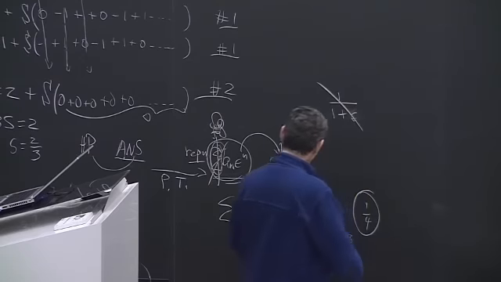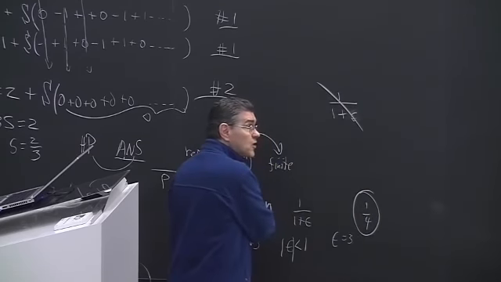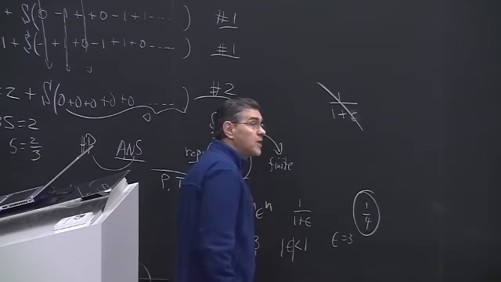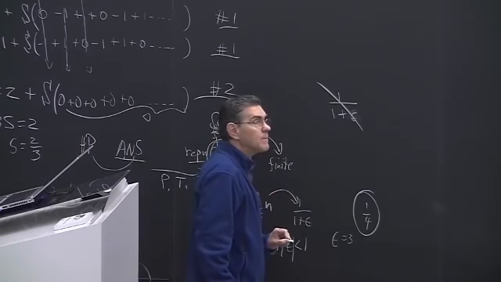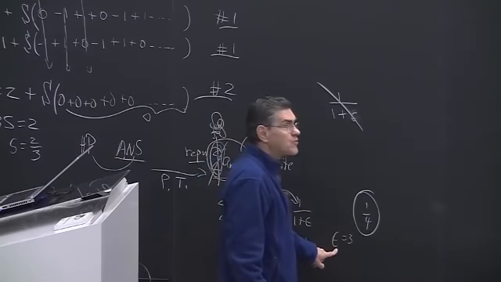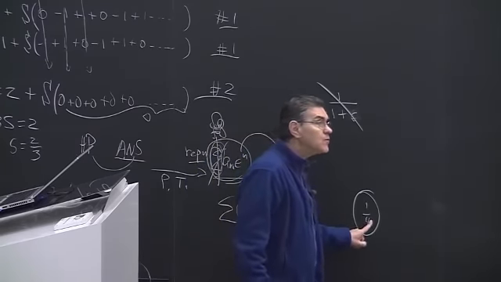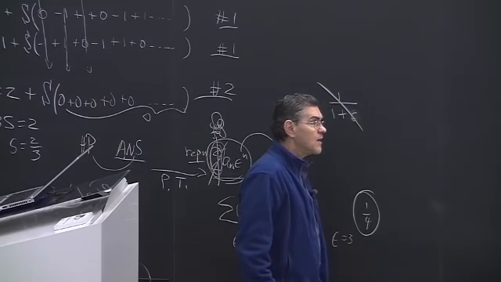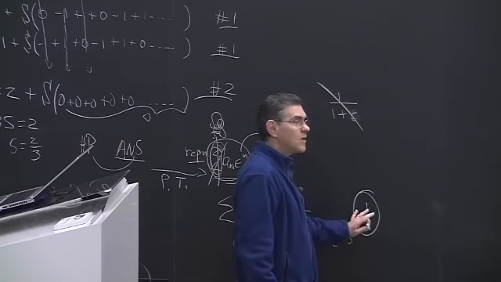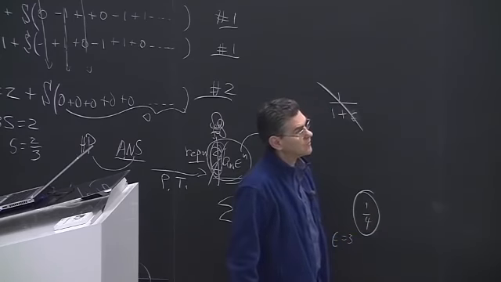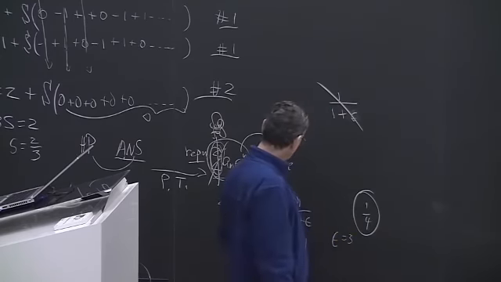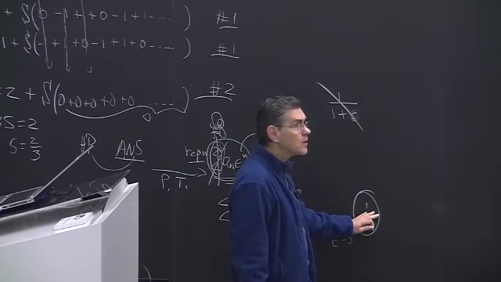Okay? So this is a representation of the answer which is not valid at epsilon equals 3. But by changing the representation of this into this form, now we can let epsilon equal 3 and get a meaningful sum of the series. That is a very simple version of what it is we are doing in a generic sense. Now of course here it's perfectly understandable what is going on.